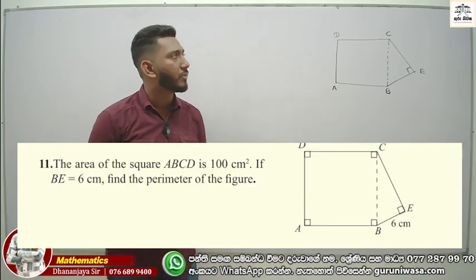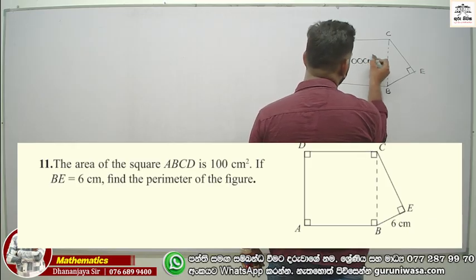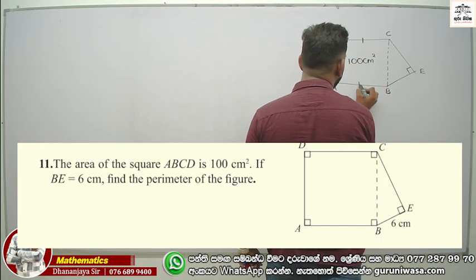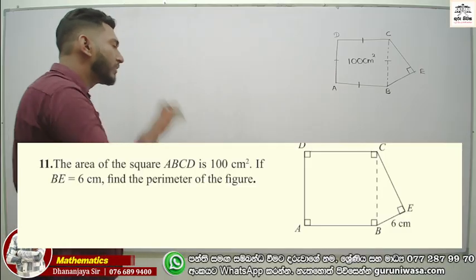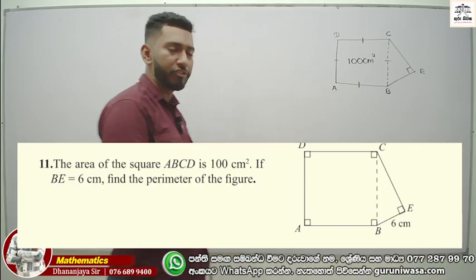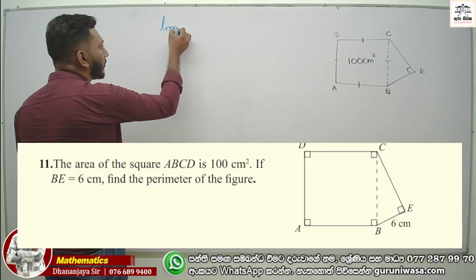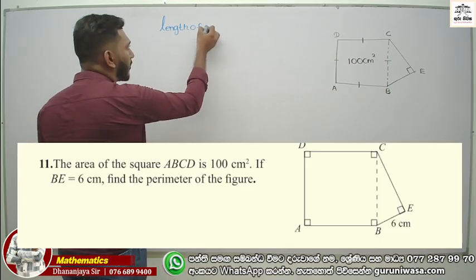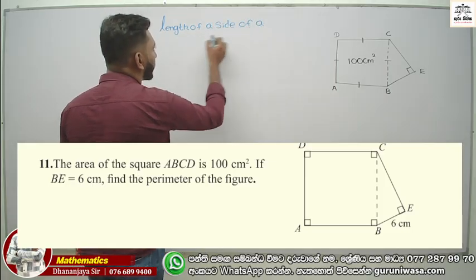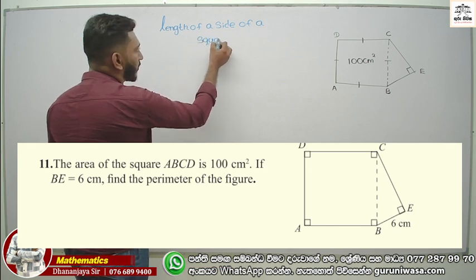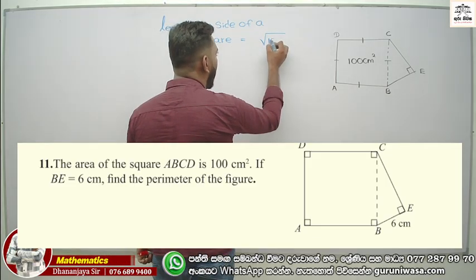The area of the square is 100 cm squared, and this is a square, and all these sides are equal to each other, right? Therefore, what is the length of the side of the square? You can write the length of a side of a square as the square root of 100.